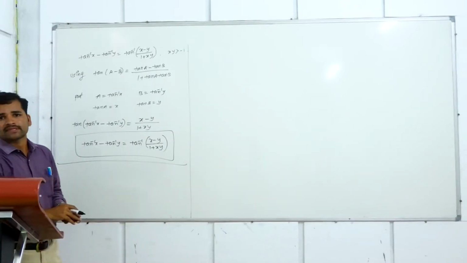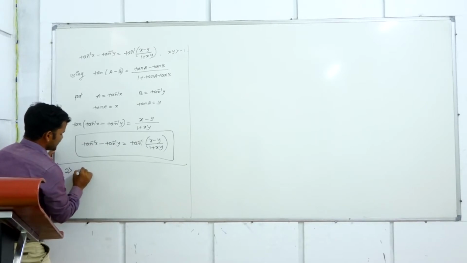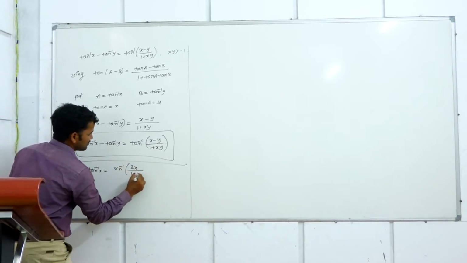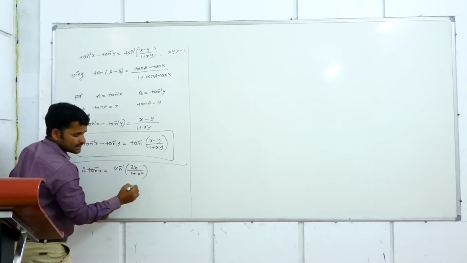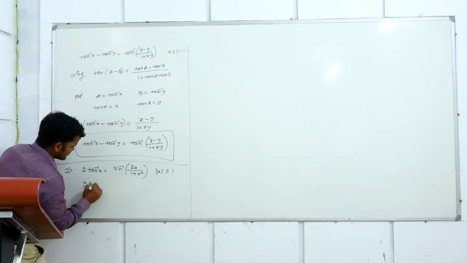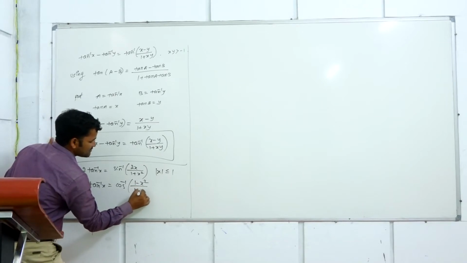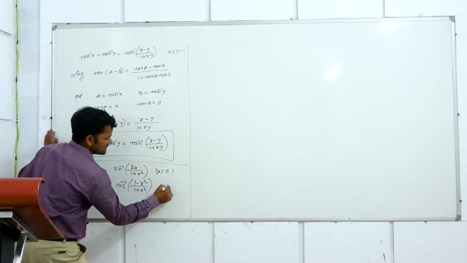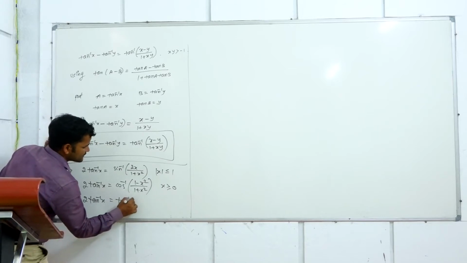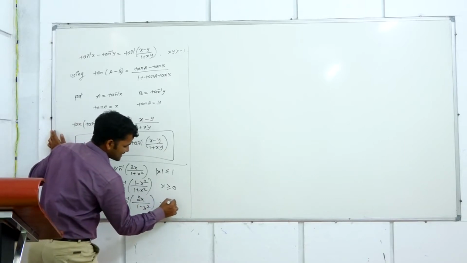Three more properties are there. Those are: two times tan inverse of x is equal to sin inverse of 2x by 1 plus x square for modulus of x less than or equal to 1, and next 2 times tan inverse of x is equal to cos inverse of 1 minus x square by 1 plus x square for x greater than or equal to 0, and next 2 times tan inverse of x is equal to tan inverse of 2x by 1 minus x square for minus 1 less than x less than 1.